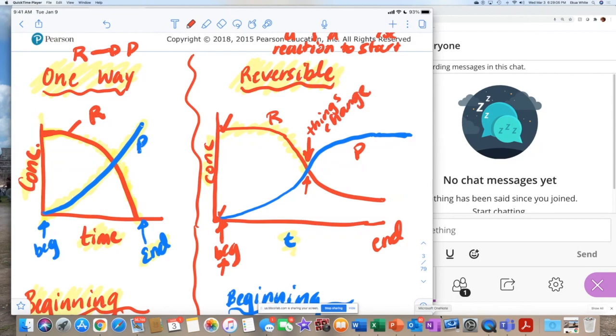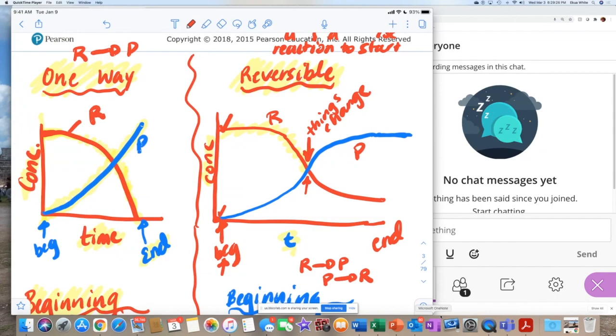All of a sudden you have enough products colliding with each other, meeting each other, and they now begin to react to form reactants. So this is the point where you have reactants forming products and products forming reactants, right? You have the forward and the reverse reaction happening.